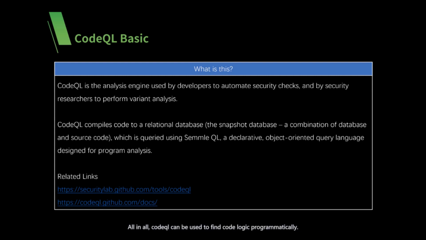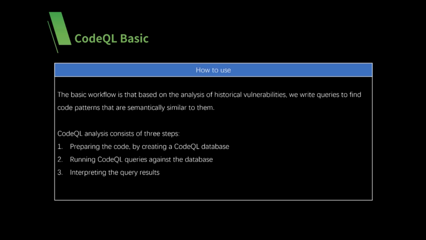All in all, CodeQL can be used to find code logic programmatically. The CodeQL basic workflow is that based on the analysis of historical vulnerabilities, we write queries to find code patterns that are semantically similar to them.